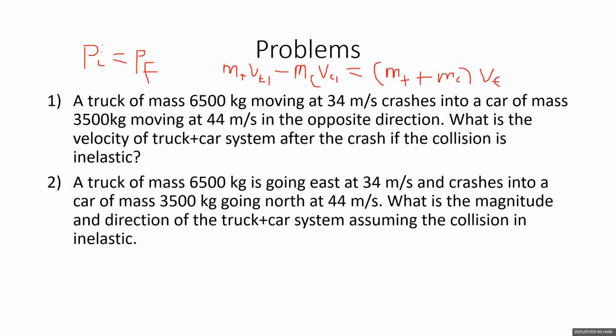You plug in the numbers. Again, we have to divide by this: M truck, your 6,500, plus M car, your 3,500 kilograms. And we get this final velocity, which is going to be 6.7 meters per second.